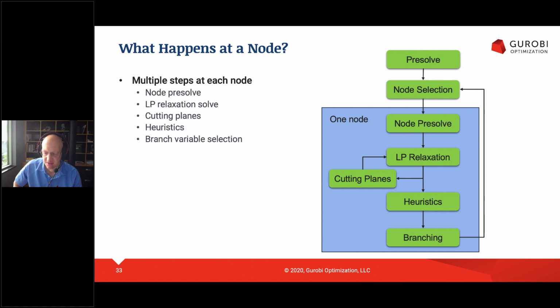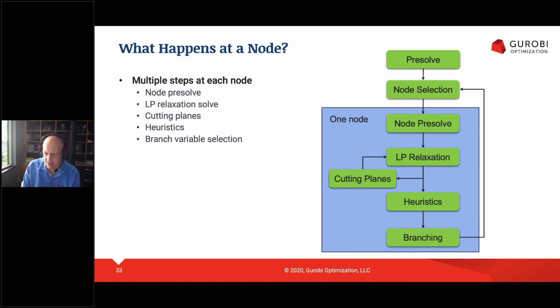Then there's a set of things you do at each node: a node pre-solve, solve the LP relaxation at that node, generate cutting planes, potentially in a loop, apply heuristics to try to find feasible solutions, and then apply branching to choose a branching variable and create child nodes. So lots of things are happening inside each node.